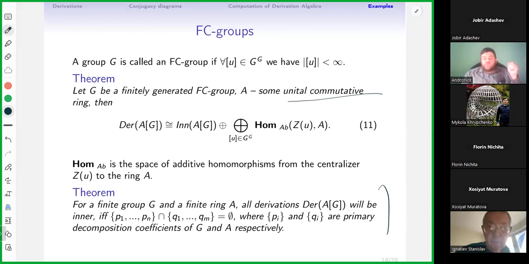And I have to note that such derivations were studied by Hages, Krividen, and some others in the cryptography context. And so I think that for applications, these results will be useful.